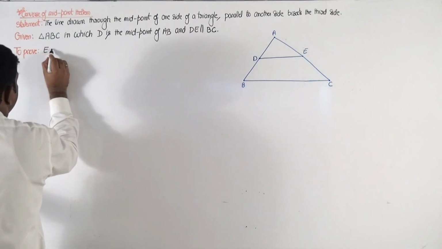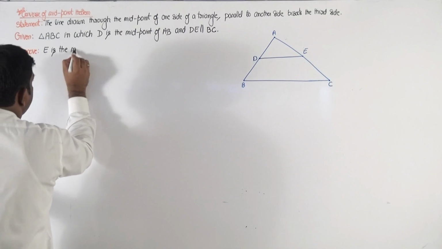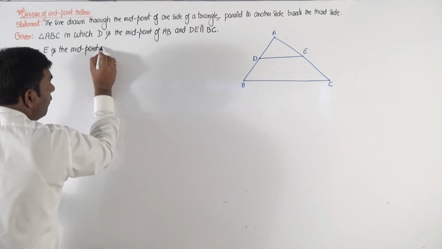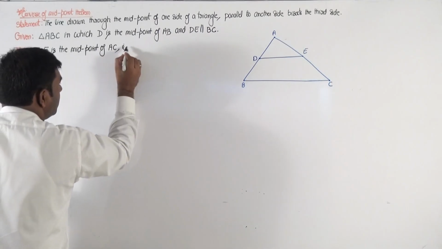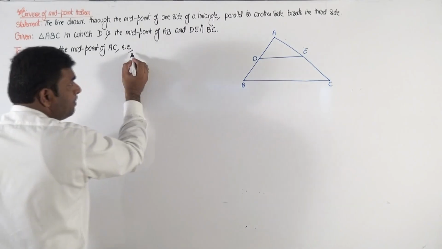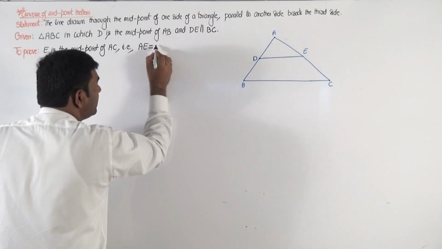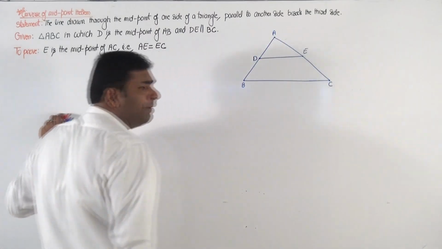E is the midpoint of AC. That is, AE is equal to EC है करके प्रूव करना है. AE और EC इक्वल है करके प्रूव करना है मुझे.